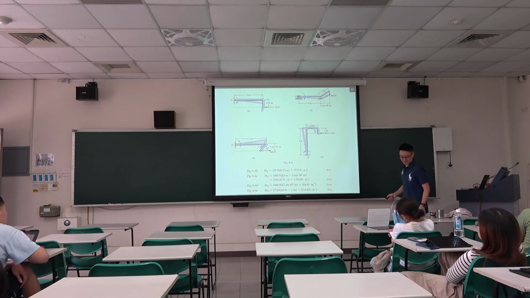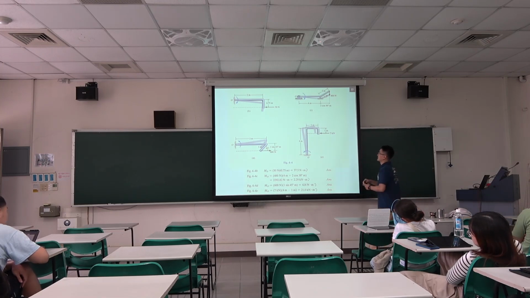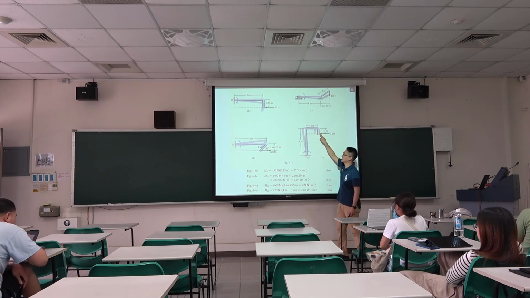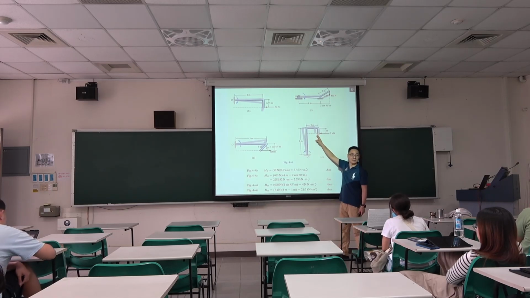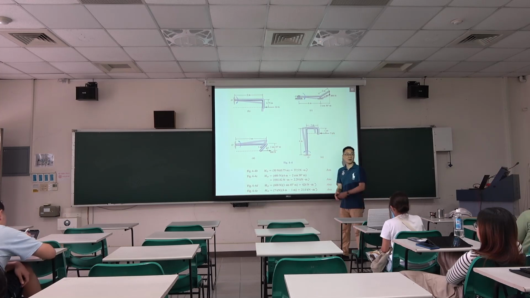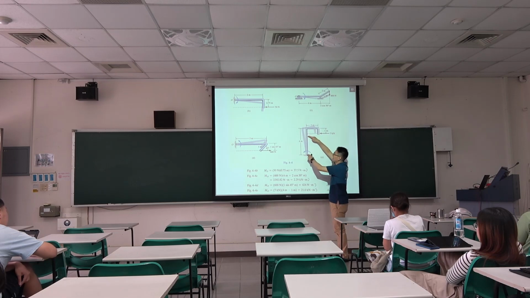Next, the force here, and we have many different dimensions, but we care about this. Here is the reference point. So the reference point links to the loading direction, and perpendicular to this loading direction is the level arm. So the level arm is this.